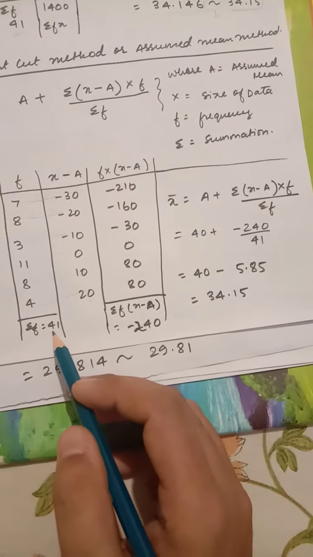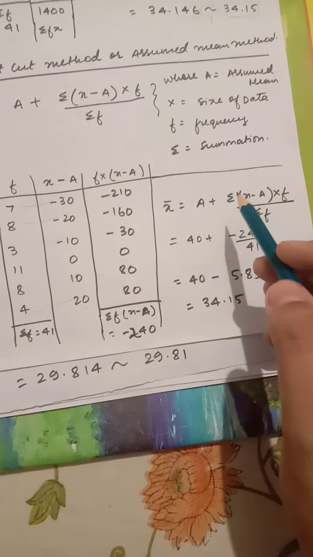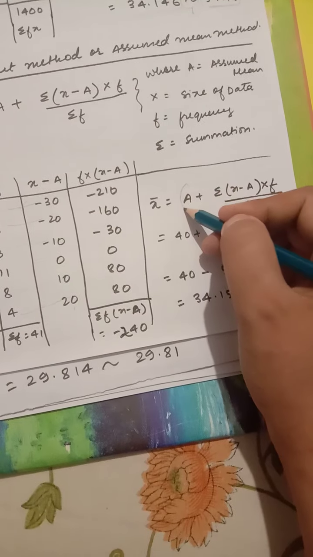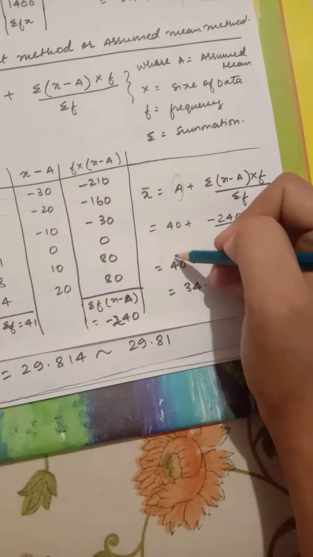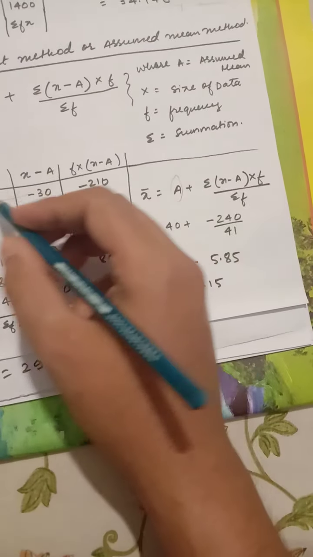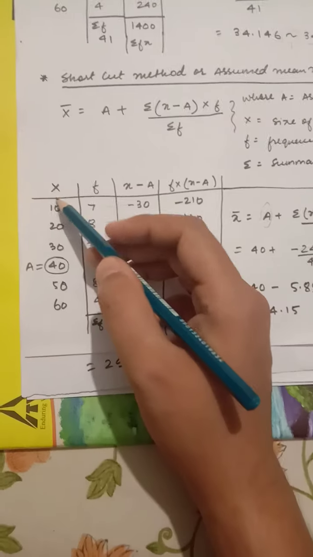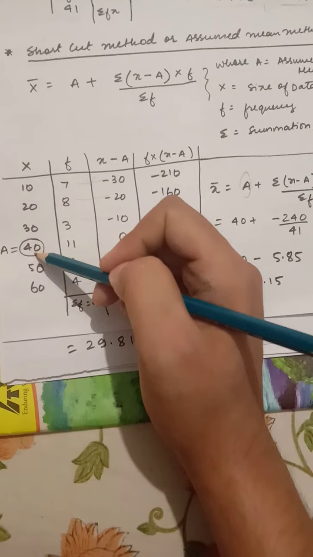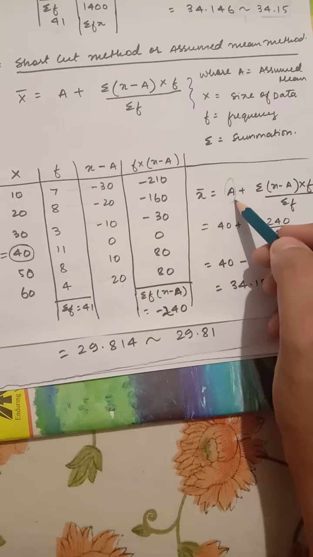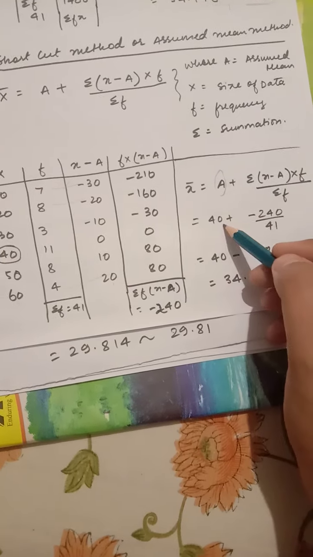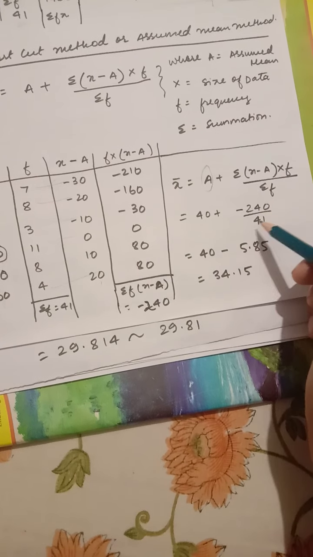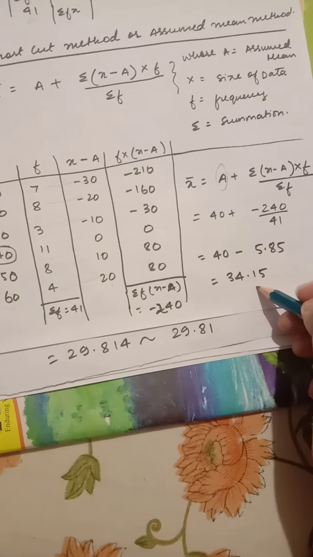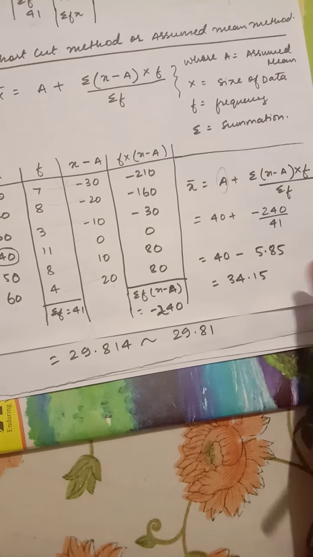The summation of frequency is 41. You may have a query: why do we add the assumed mean? Because I have subtracted it from each of the values in the series, so I have to add it back here. I added it and put in the values here, and the result is 34.15. Got it?